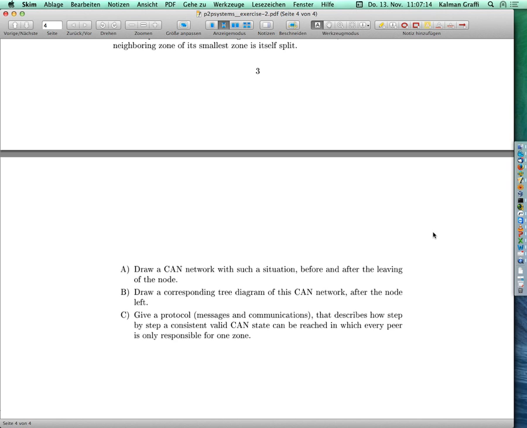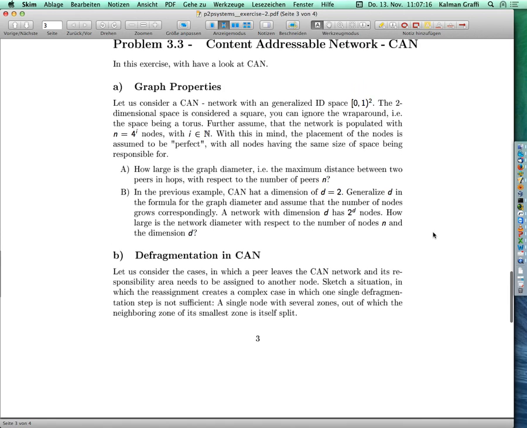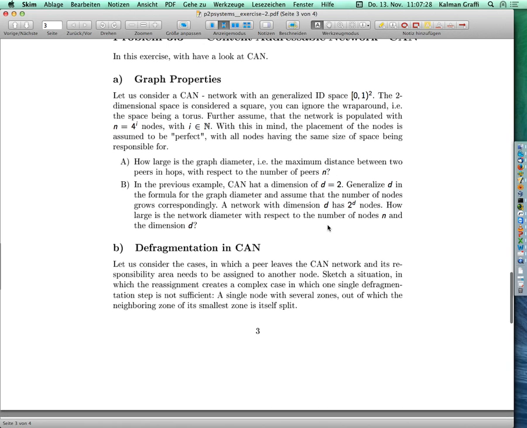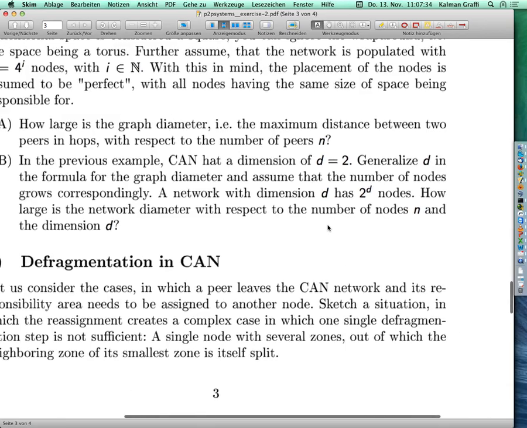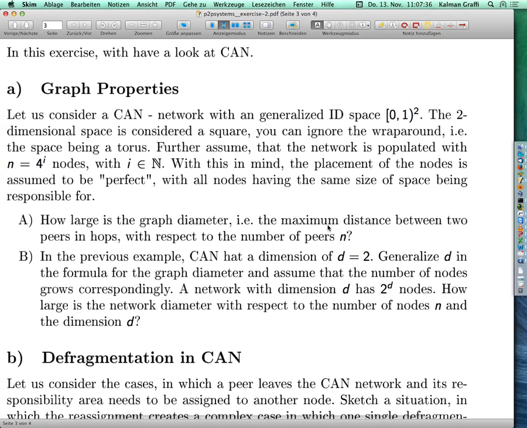Okay. And here was also the other question. So this is the solution for this. And here the question is about the routing diameter of CAN, so you have to find out what the routing diameter of CAN is in this exercise. Let me just increase it for you. Do you have some suggestion how to show it?